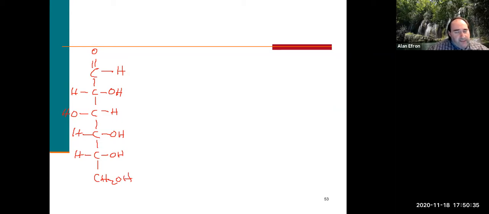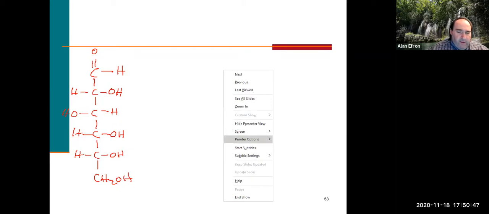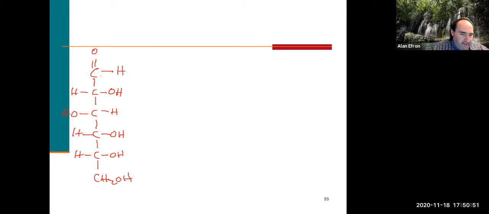So the first thing that we typically want to do is take this and number the carbons. So we're going to number the carbons like we've been talking about, where the carbon-oxygen double bond is going to be carbon number 1. So this would be carbon 1. This would be carbon 2. This would be carbon 3.